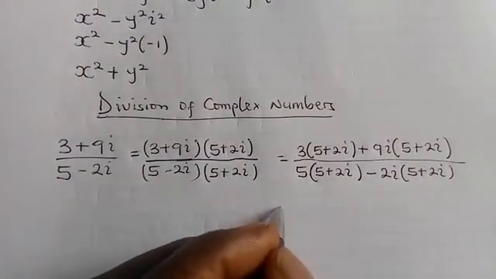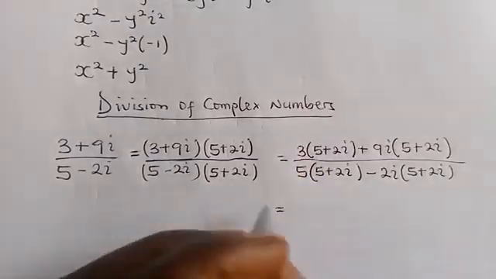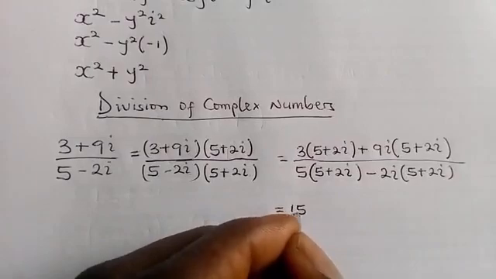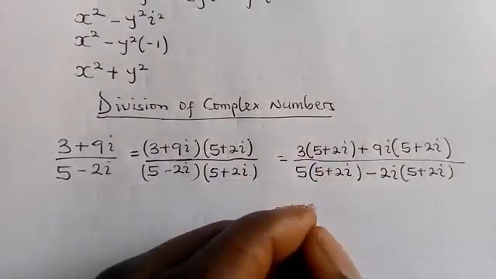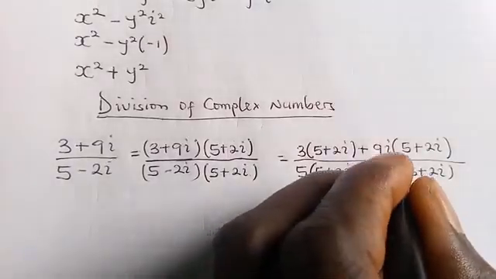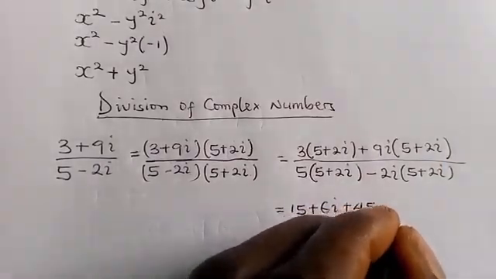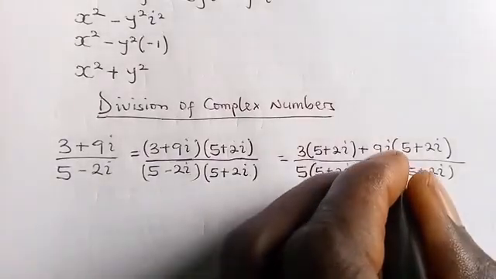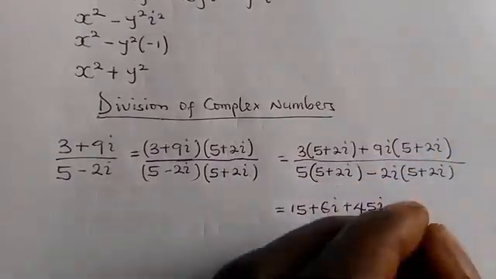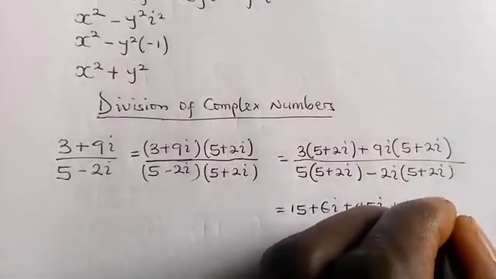So from this, we are going to have 3 times 5 giving us 15. 3 times 2i giving us 6i. 9i times 5, we will have 45i. 9i times 2i, that will be 18i squared.